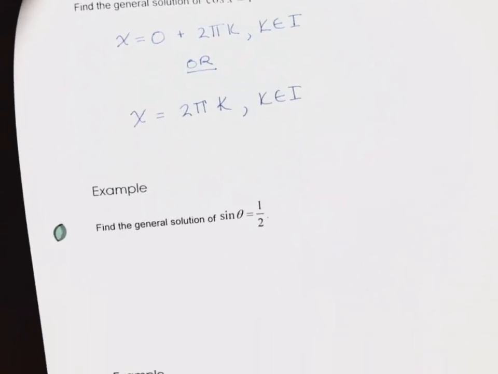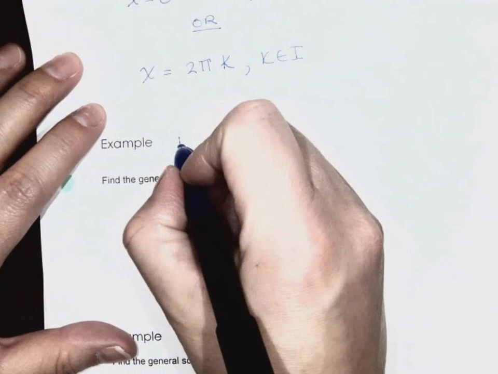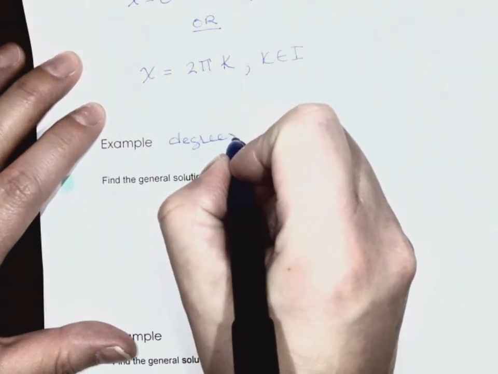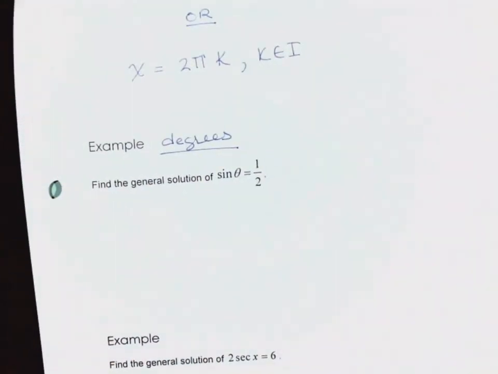Okay, next one. Let's do this one in degrees, because we need to be able to flip back and forth, because I'm going to ask you to flip back and forth. So it's good that your examples show the back and forth. Okay, general solution. So sine is 1/2.